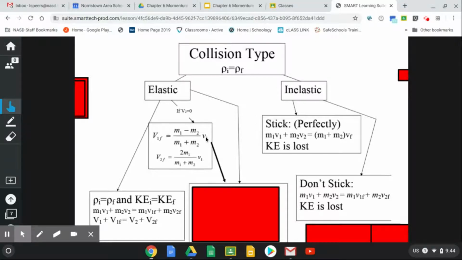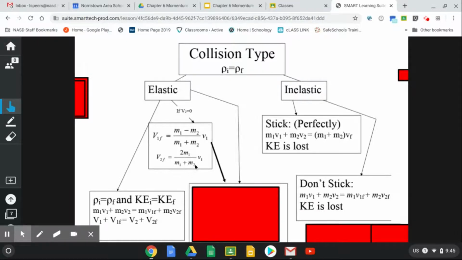So the bowling ball keeps moving. Right? The bowling ball hits the bowling pin. It keeps moving. And what happens to the bowling pin? It goes flying away in the same direction as the bowling ball, but at a faster velocity, right? Because the m1 doubled.